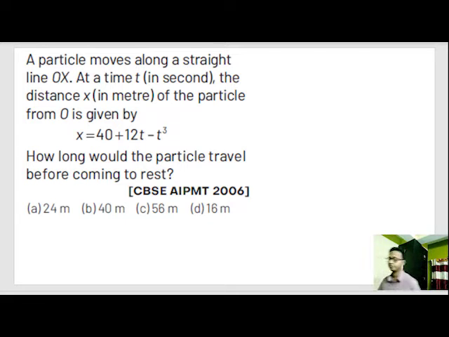So let's try to draw out the question. The particle travels in a straight line from O to x.